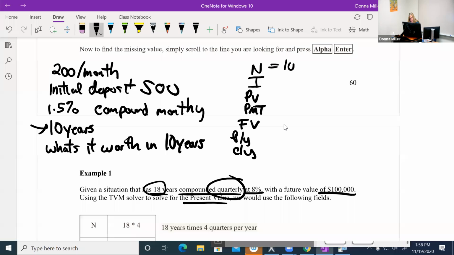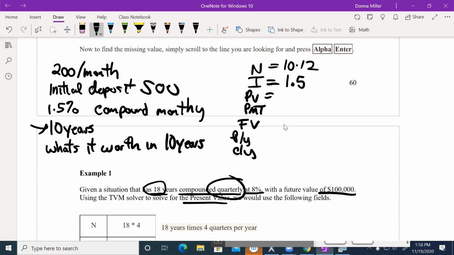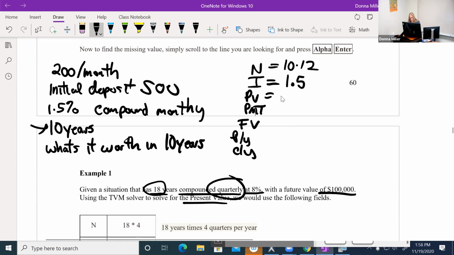The interest rate we decided was 1.5%. Present value is my initial deposit. Is it positive or negative? Negative, because it's coming out of my pocket. So I'm going to put negative $500 in.